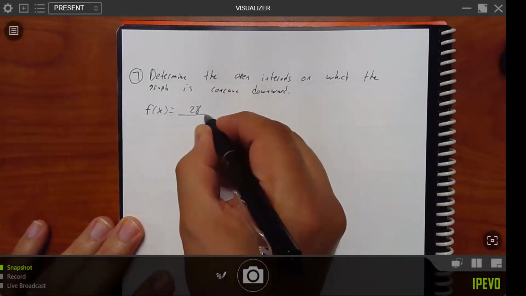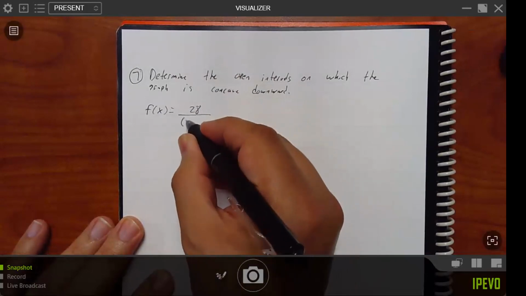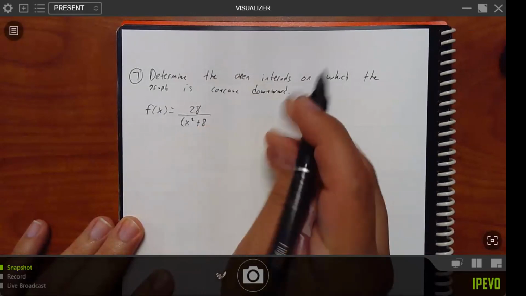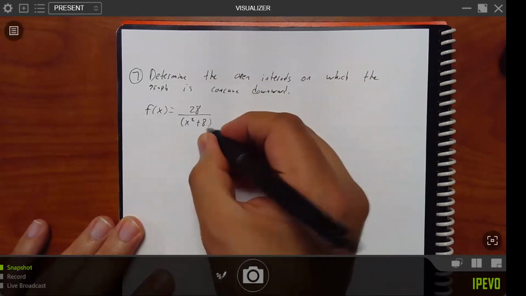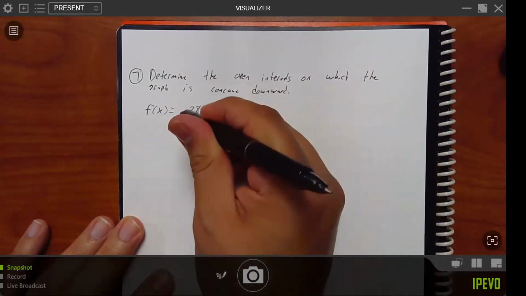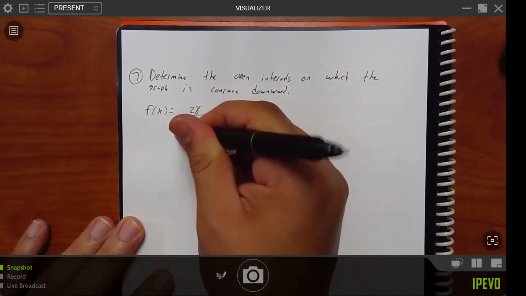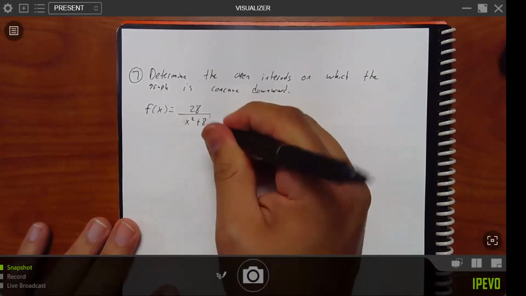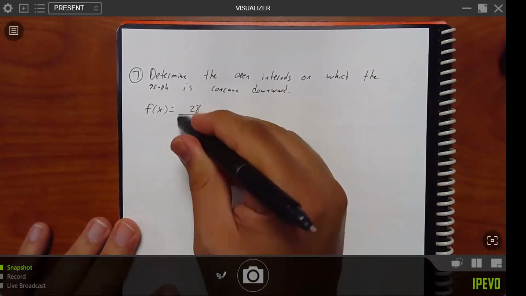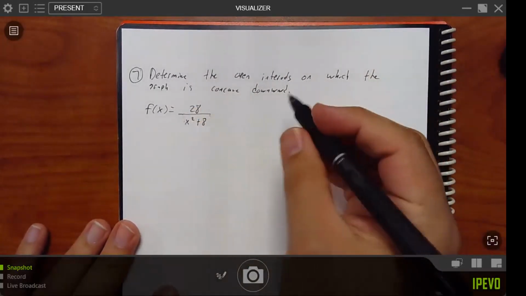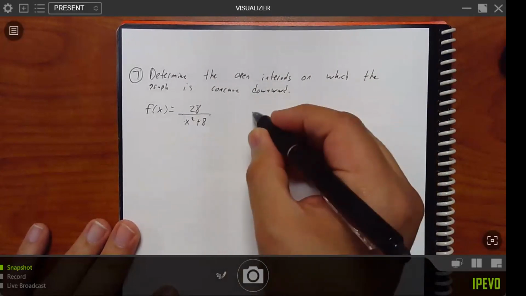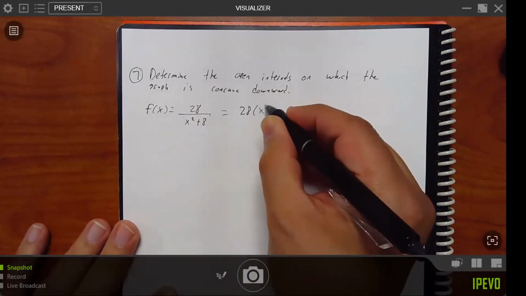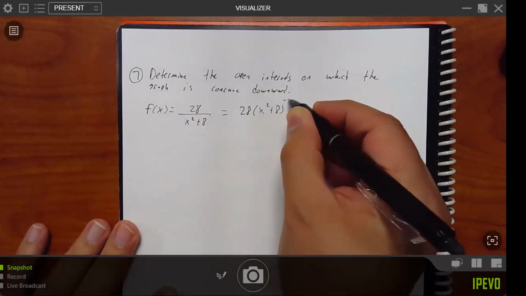So for this one, you're going to have to do 2 derivatives. Now we could technically rewrite this, right? Because I don't like the quotient rule. Maybe you guys do. I don't. Do you agree that this is the same as 28 times x squared plus 8 to the -1?